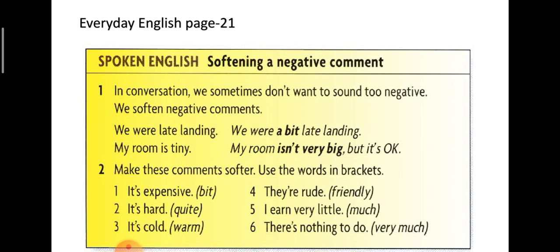Another one: 'My room is tiny.' Tiny means very, very small, so when the speaker says this, it sounds very negative. So you have to soften your negative comment. You probably say, 'My room isn't very big.' You change to the negative form: instead of 'is tiny', you say 'isn't', and the opposite of tiny, very small, is very big.